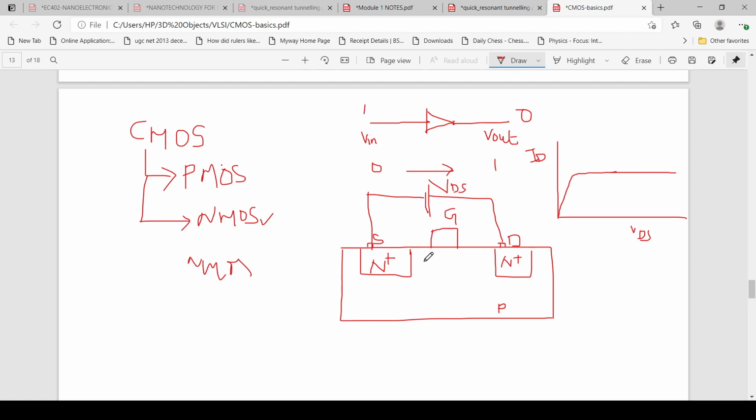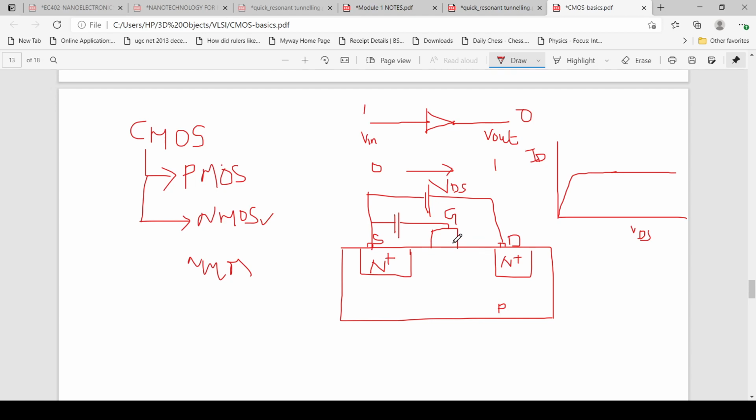If we increase VDS, there will be no current flow. To start the current flow, we must give a particular potential difference between the source and the gate region. For NMOS, it is very important that the gate potential must be a positive value, so that it can provide a channel between source and drain. If we give a positive potential here, the polarity is positive.